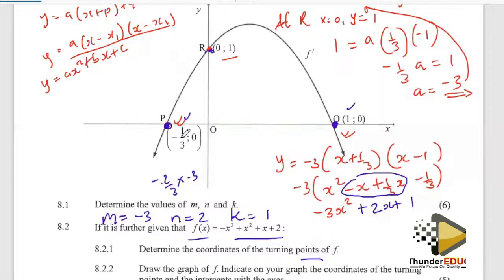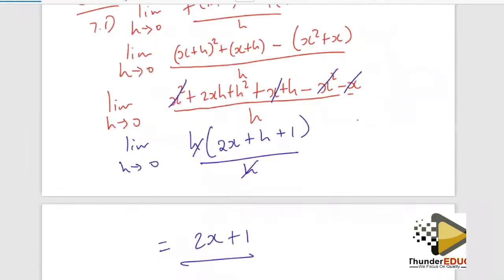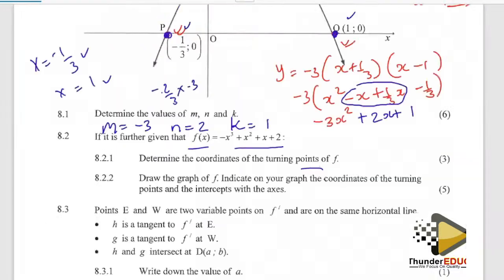So our first turning point can be at -1/3, and then the other turning point can be at 1. So all we need to do is simply replace the -1/3 and the 1 into this f of x for us to get the y-coordinates. So this is 8.2.1.